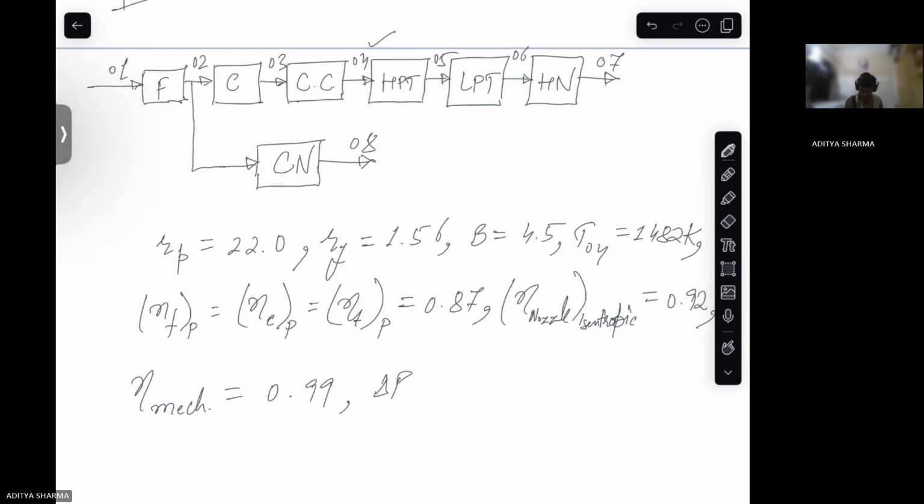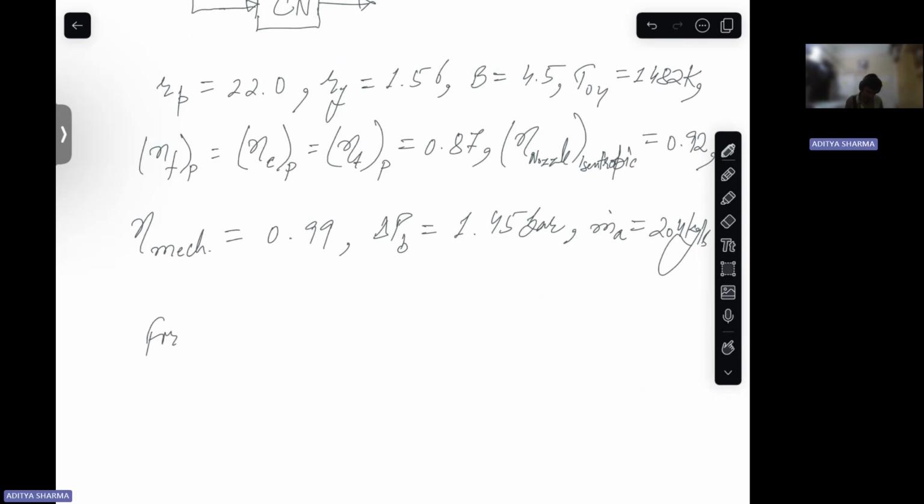Then pressure loss because of combustion is 1.45 bar. Mass flow of air is given as 204 kg per second. Also for air, CPA is 1.005 kilojoule per kg Kelvin, and gamma is 1.40.